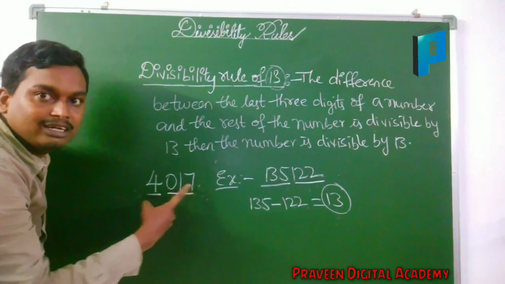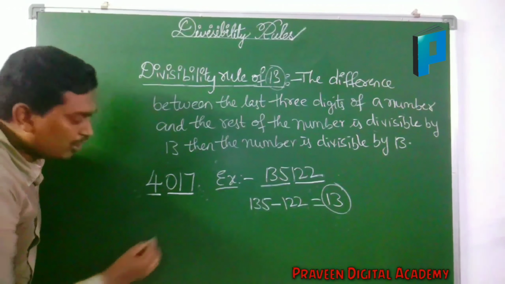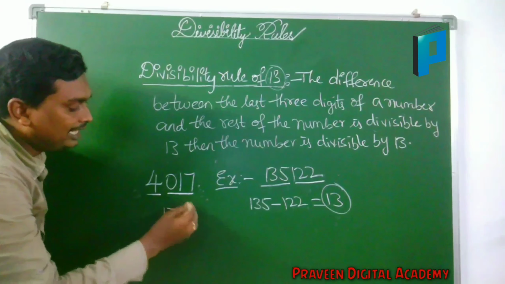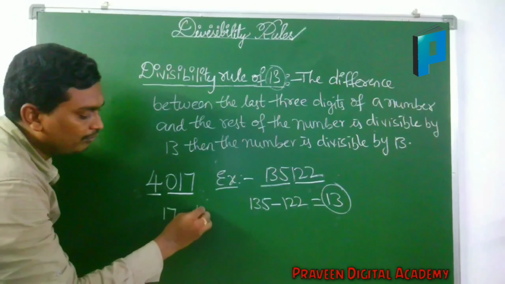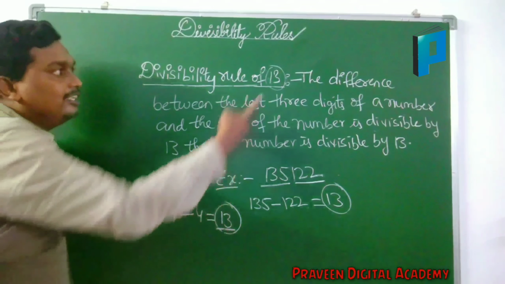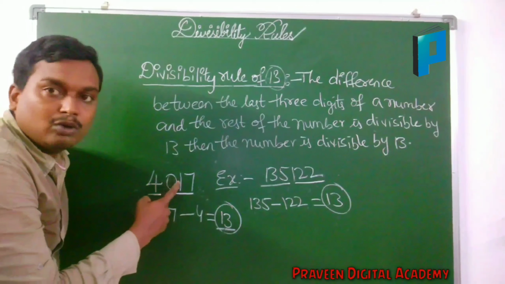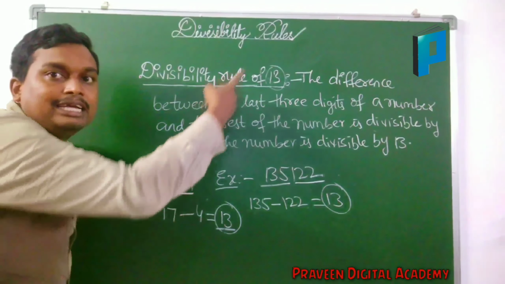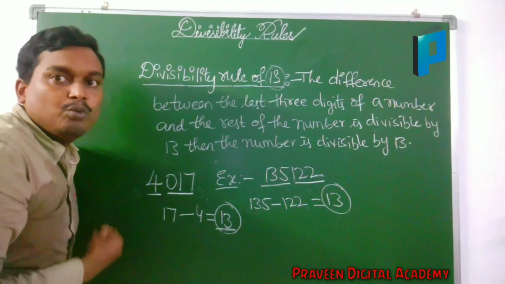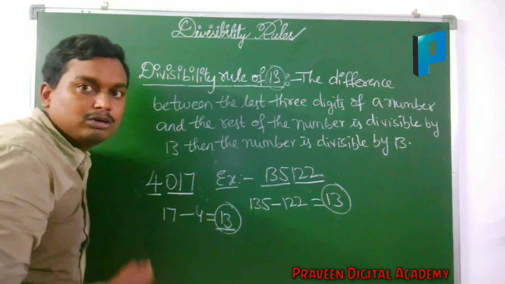Which is the bigger one? 017 is bigger, so subtract the smaller one from the bigger one. 17 minus 4, what answer do we get? 13. This 13 is divisible by 13, so we can say that 4017 is divisible by 13. In this way, we will find out whether a number is divisible by 13 or not.